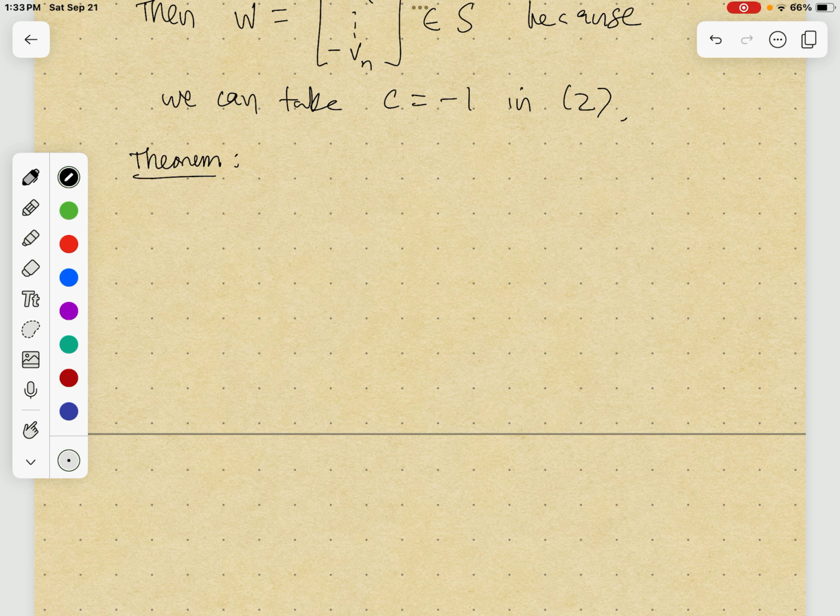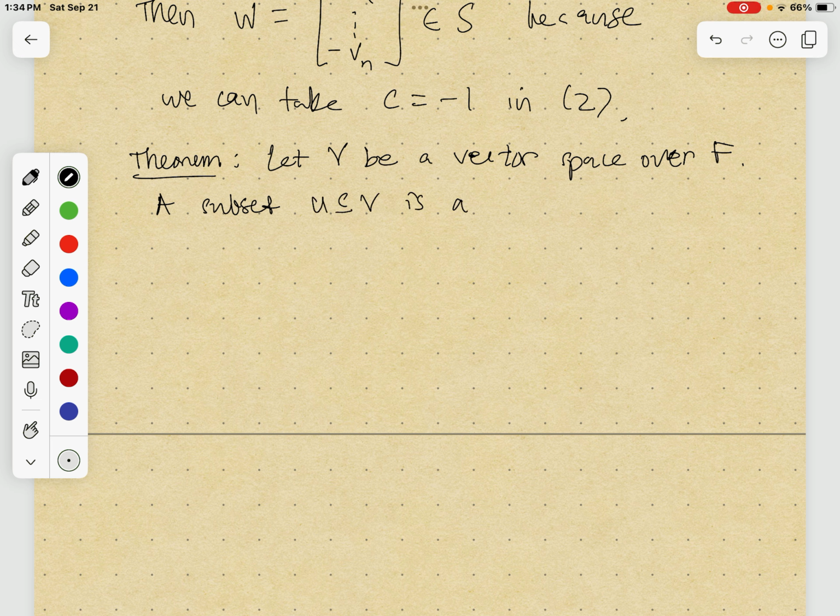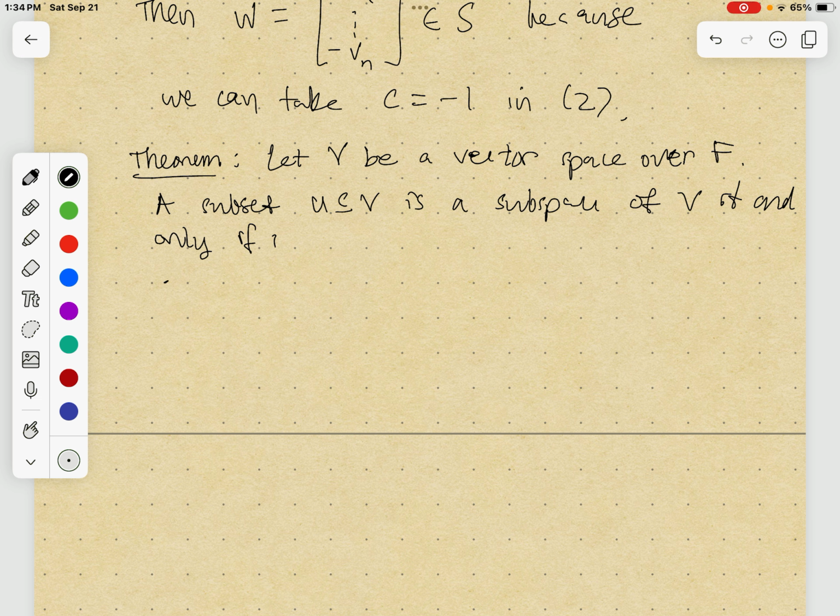The theorem says that if you have a vector space V, so let V be a vector space over F, then a subset U in V is a subspace of V if and only if the 0 vector is in U. That's the first one.